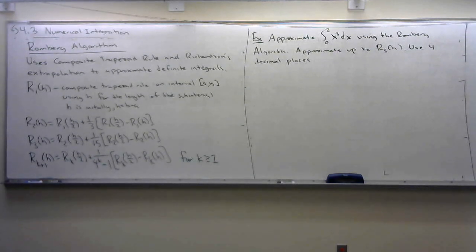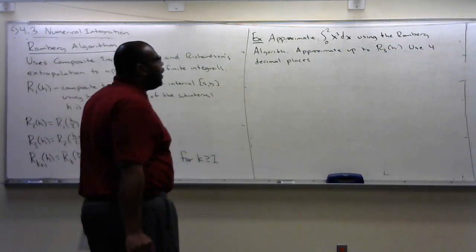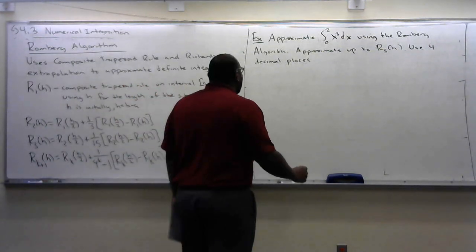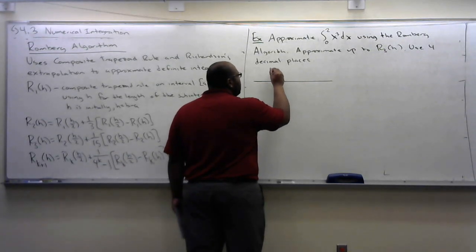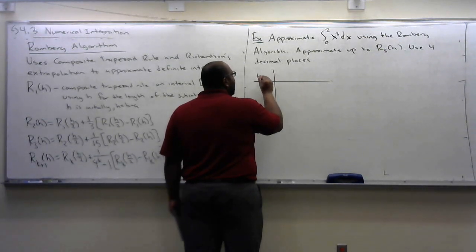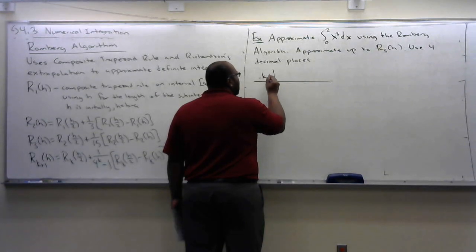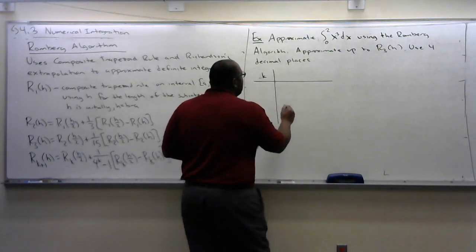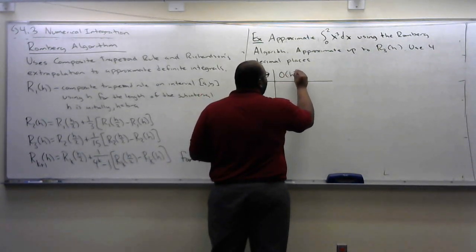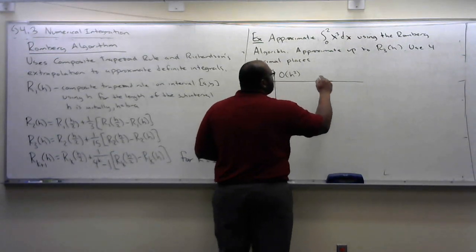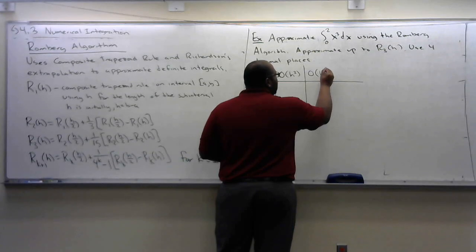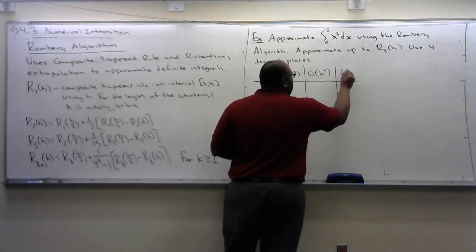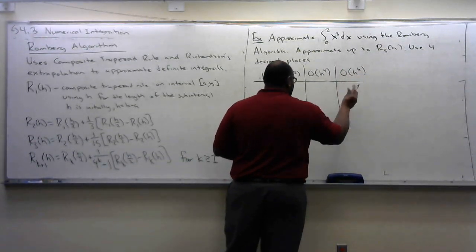I don't know if you guys remember or not, but that was a tabular form for the Richardson extrapolation. So I want to bring that back for the Romberg algorithm. I have k, the value for k. I have big O of h squared. Since I'm going out to 3, I'm going to have 3 columns: big O of h to the 4th, and then big O of h to the 6th.